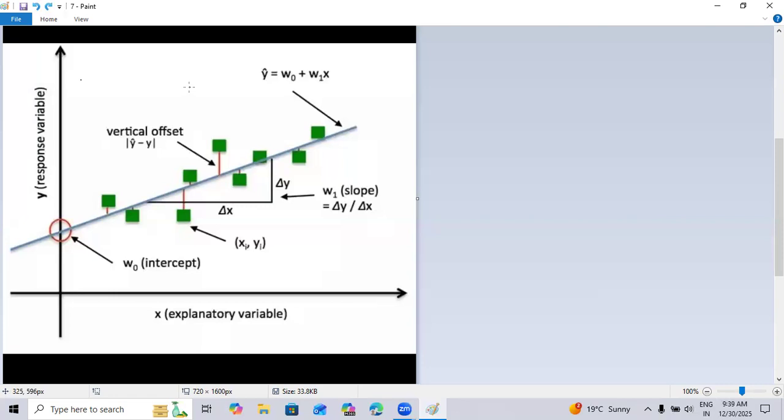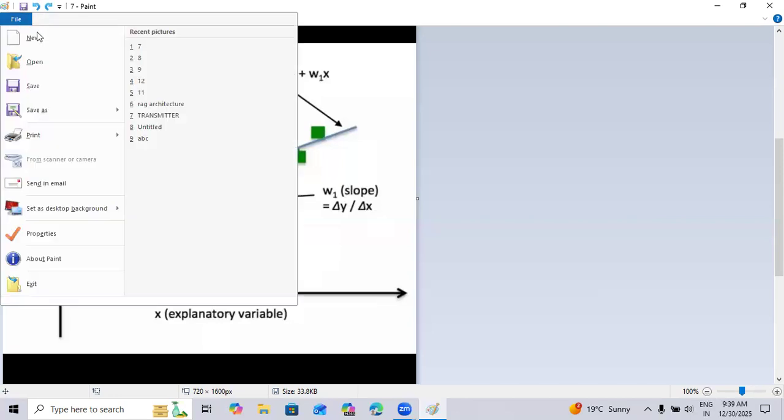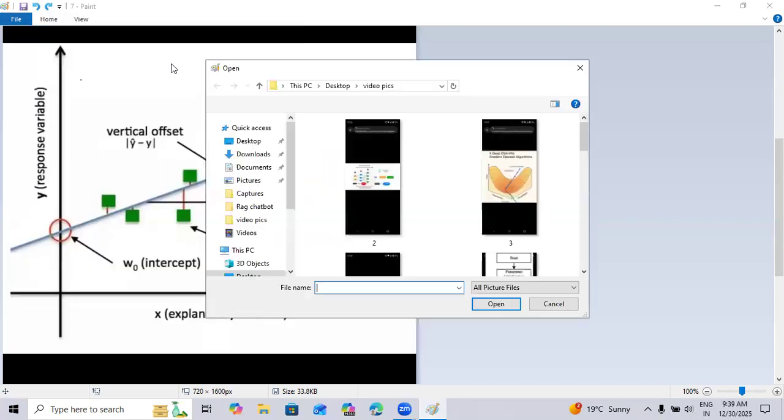Next we are going with back propagation. Let me share a picture of back propagation.